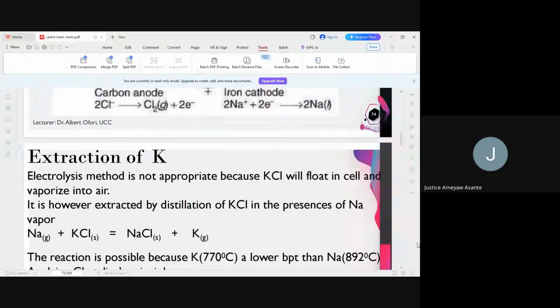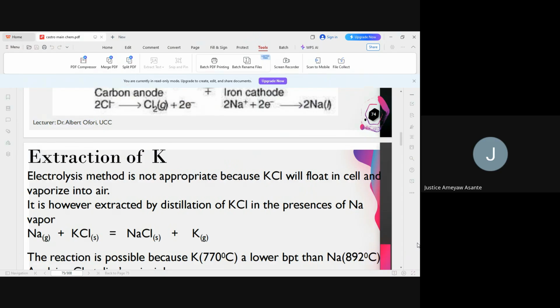But the electrolysis method is not appropriate because potassium will float in the cell and vaporize into the air. So how do we get our potassium? It is extracted by distillation of potassium chloride in the presence of sodium vapor.